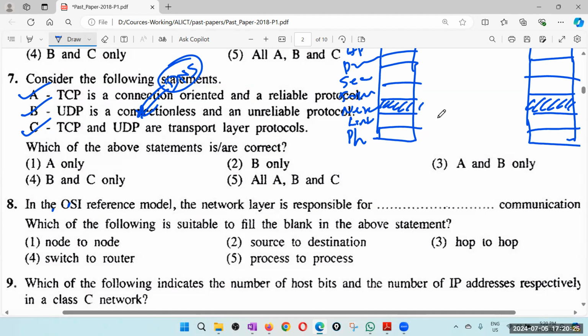like Aloha, CSMA/CD, how to use the shared media. This is where you have the MAC address and frames. Data is sent as bits or waves in the physical layer, but here it is data frames, and here we have MAC addresses.